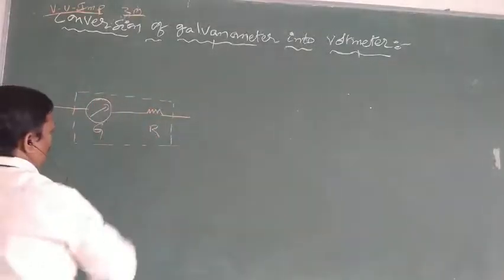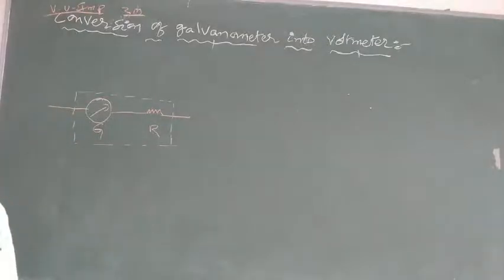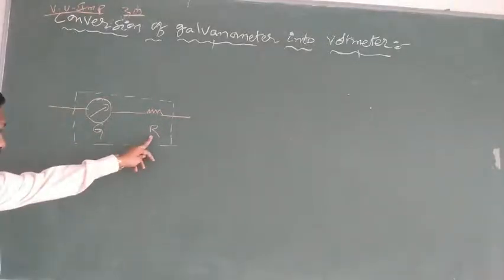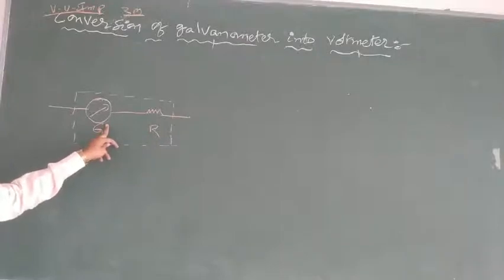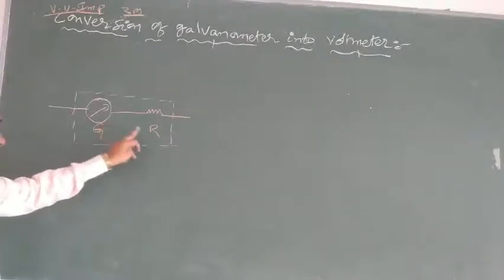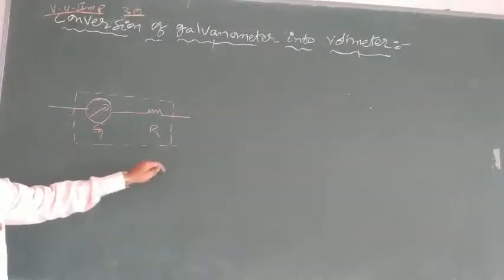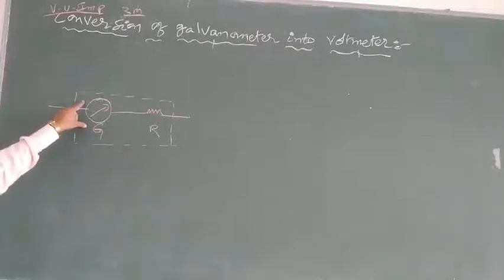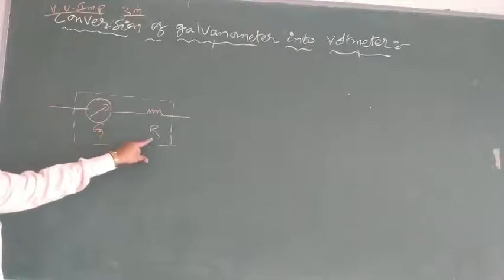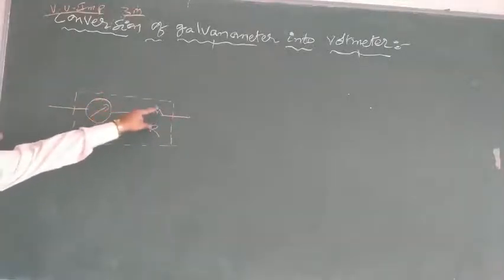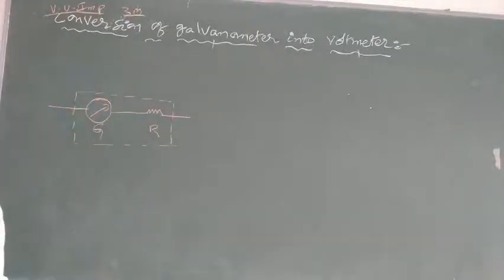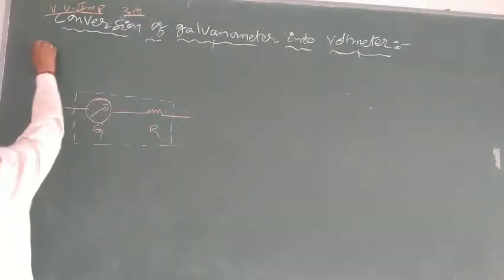So G is the resistance of the galvanometer and R is the high resistance. When a high resistance is connected in series with the galvanometer, the galvanometer is converted into a voltmeter. Only this one is the galvanometer. The combination of the galvanometer and the high resistance in series is called a voltmeter. The dotted portion is called a voltmeter.